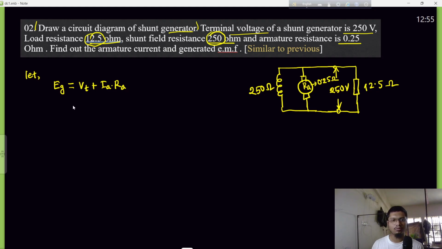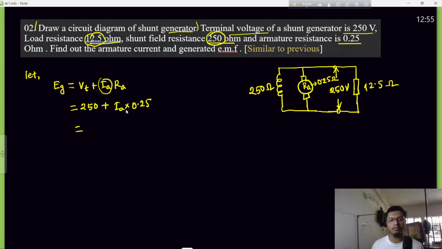Now we know the terminal voltage is 250 volt, plus we have to find out the armature current, and we have the armature resistance. What is the value of armature resistance? The armature resistance value is 0.25 ohm.